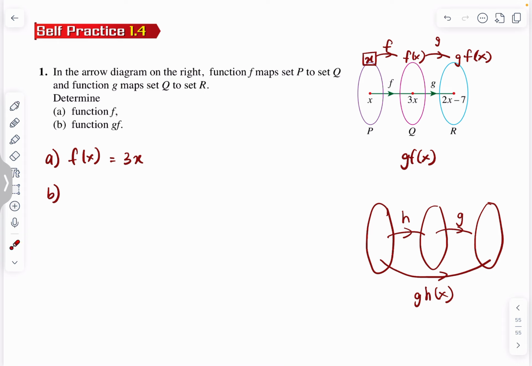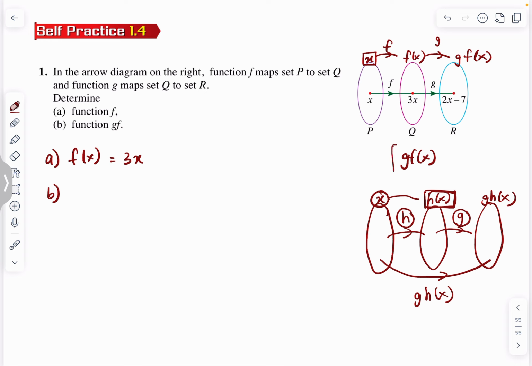You must always write the last one first and then only here. This is because if this is x, this will become h(x). Now g of h(x) will become ghx.